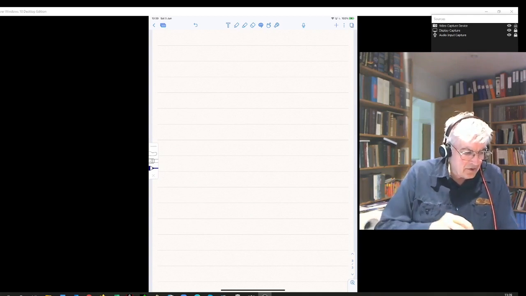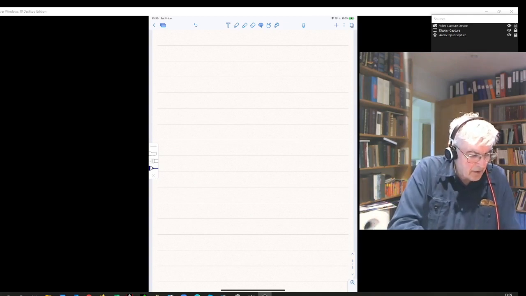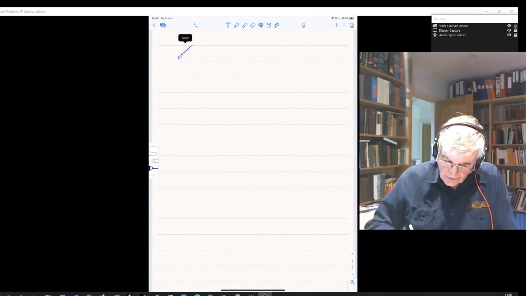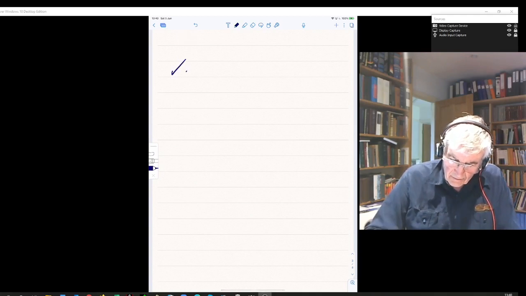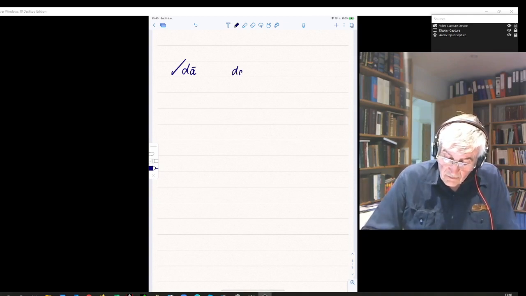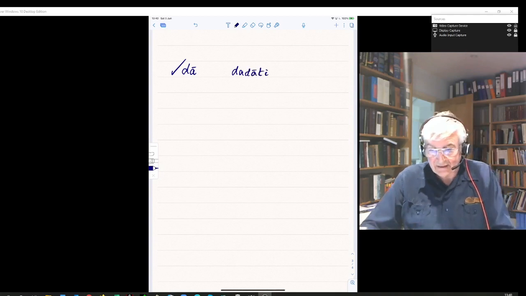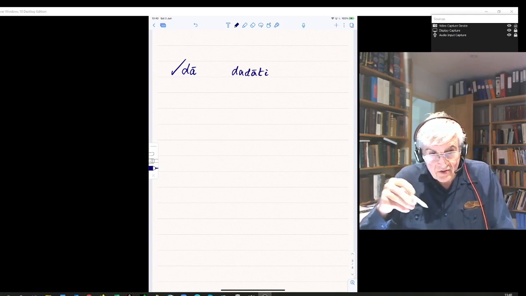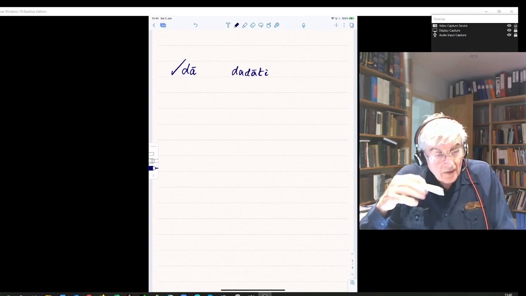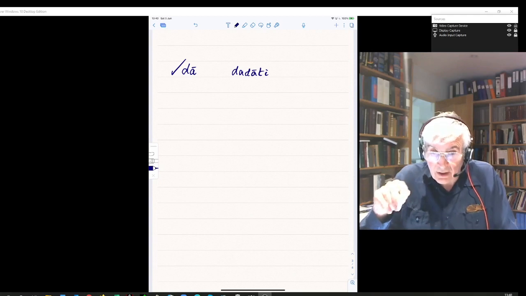So look at the fourth verb down under section 2, dadati. So we have the root da, and it's a reduplicating verb, so it makes its present tense dadati, not dati, but dadati, as in Sanskrit tishtati. The root ha, to abandon, not hati, but jahati in both Sanskrit and Pali, jahati.